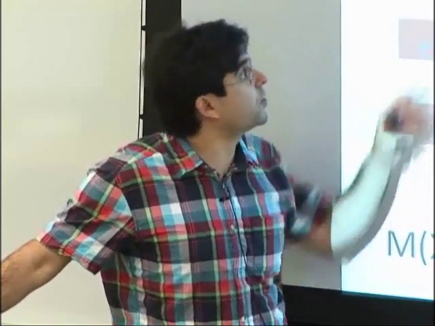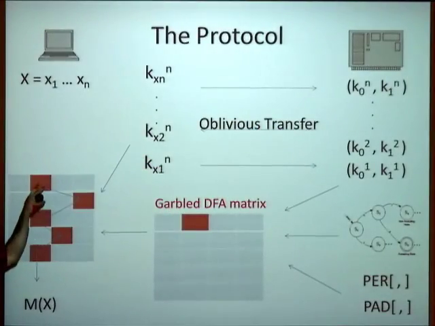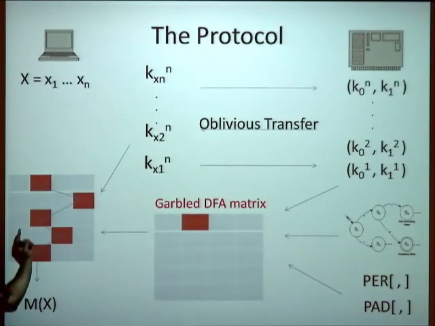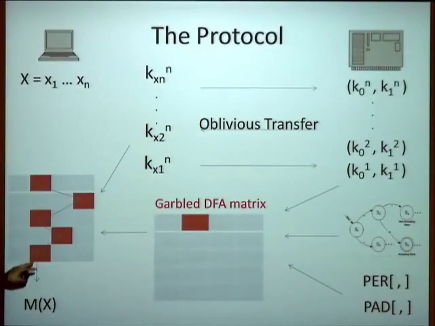So he moves on a path on this garbled DFA matrix, and he can exactly only ungarble one cell in each row. Everything else looks uniformly random to him based on what we've made. And at the end, there is his output sitting here, which is the final result of the computation. Okay, so that's roughly the idea.